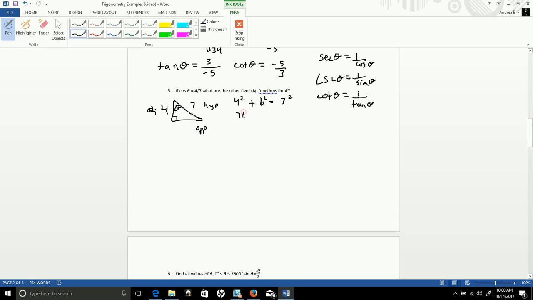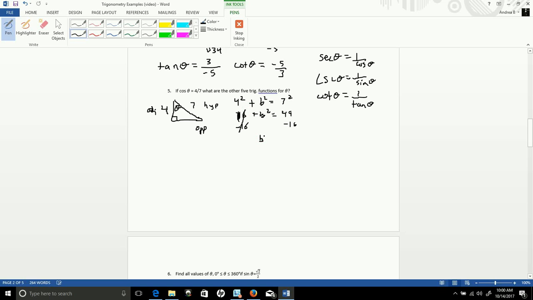So here we'd have then 16 plus b squared is equal to 49. And then just like normal, we'd want to try and get that b by itself. So here with that positive 16, we'd want to subtract 16 from both sides. And then that cancels.